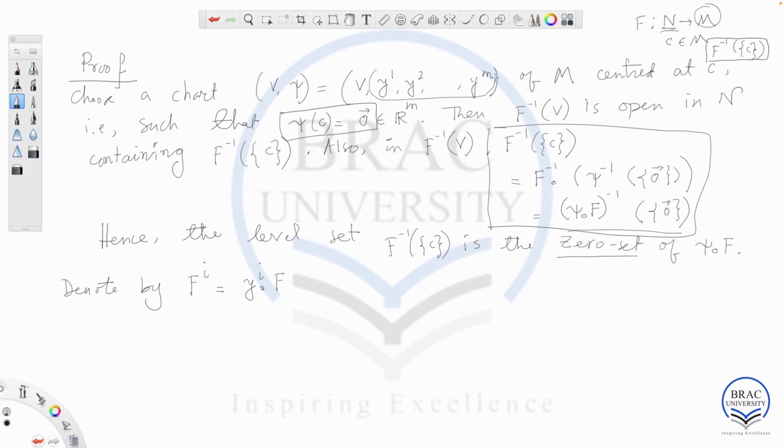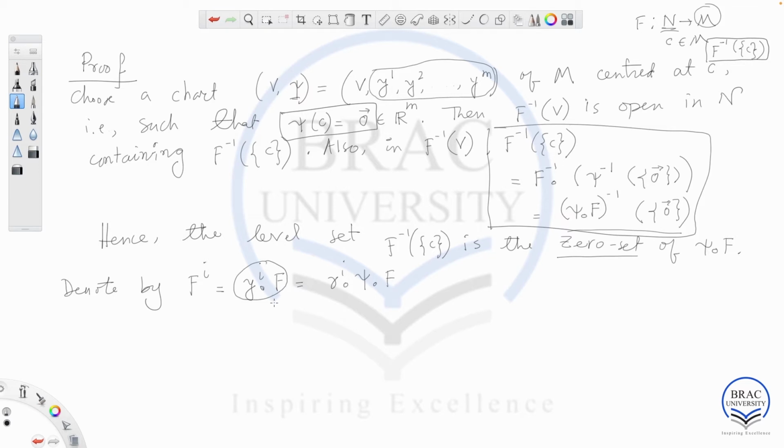These are the m coordinate functions. So we denote this y_i composed with f by f_i, and from what we have studied in lecture 4, we know that this is nothing but r_i composed with psi, because psi is this homeomorphism, composed with f.